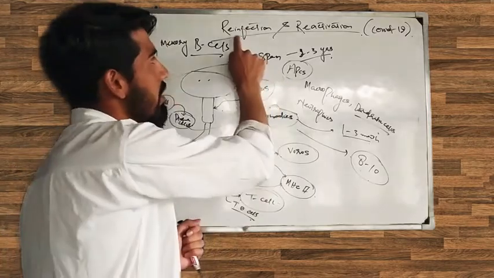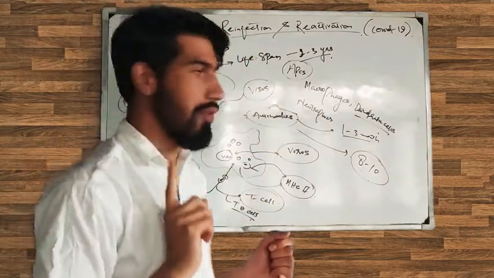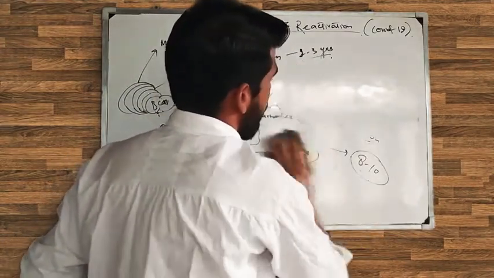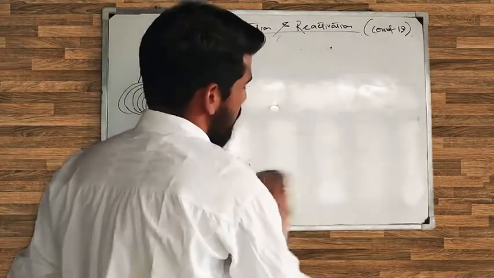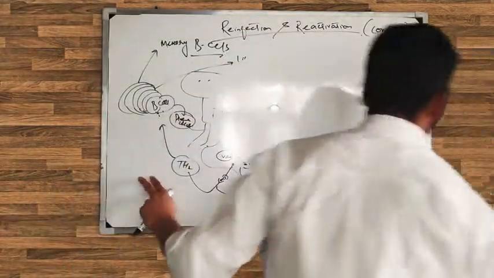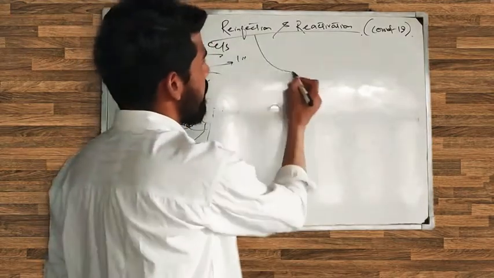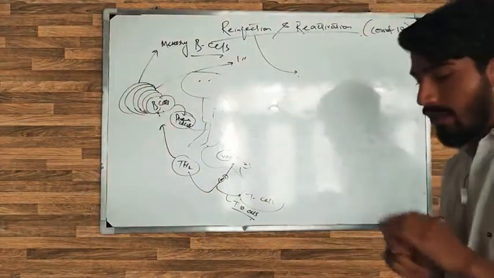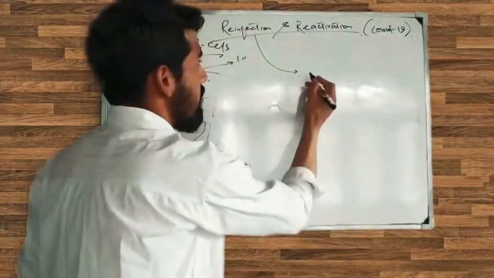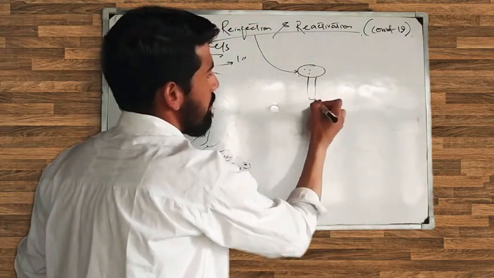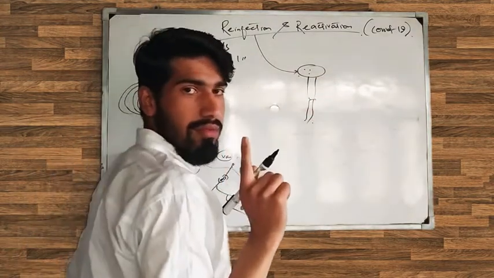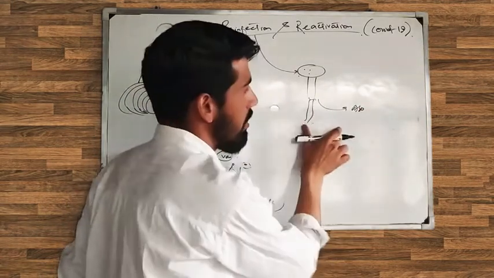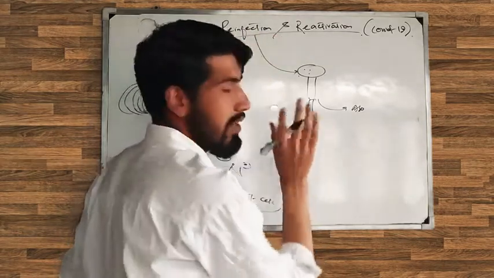Now come to the reinfection. What is called the reinfection? Reinfection means, for example, here is a person. The person is asymptomatic.